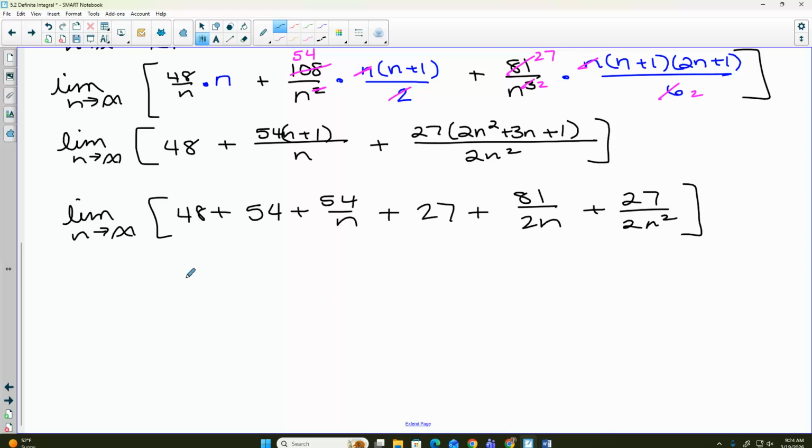Now it's finally set up where we can do our limit, so anything with n on the bottom turns into 0, so we get 48 plus 54 plus 27, and 129.